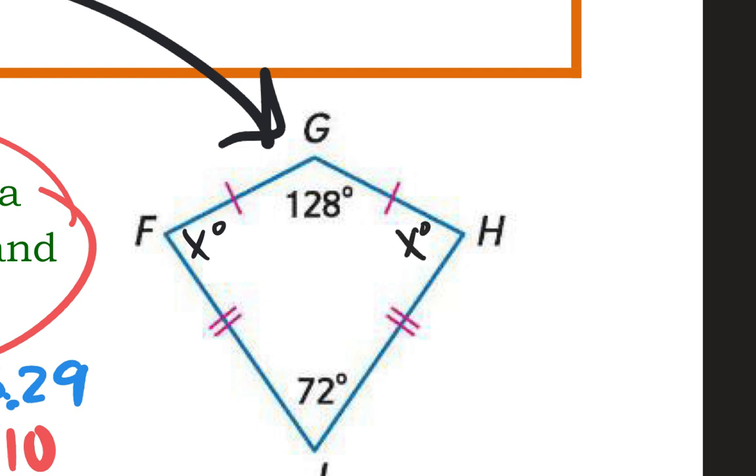Because they're in between those non-equal sides. Those are the only ones that are equal. All right, I had you guys memorize this. The four-sided shape always equals 360. Good. So let's add everything. We have 2x plus 128 plus 72 equals 360. Let me know what you get for x.